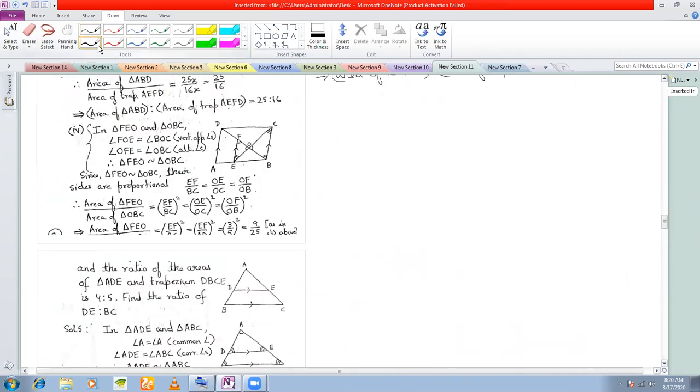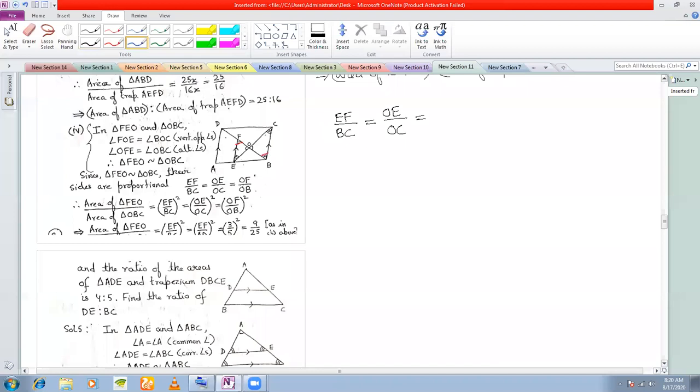Here I also have the figure. So let me write the proportions. I have marked the angles here. If you see the vertically opposite angles, you have the side EF by BC in the two triangles. Then opposite to the other angles, these two red angles, you have the side OE and the side OC.